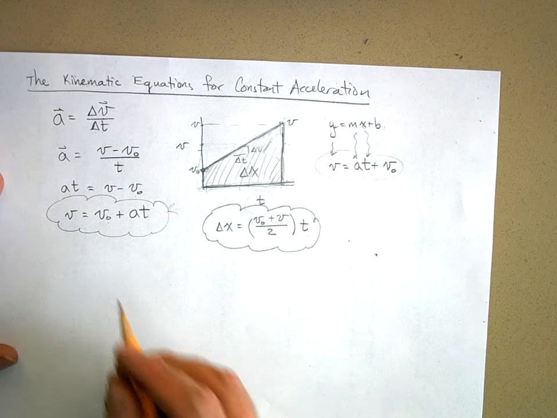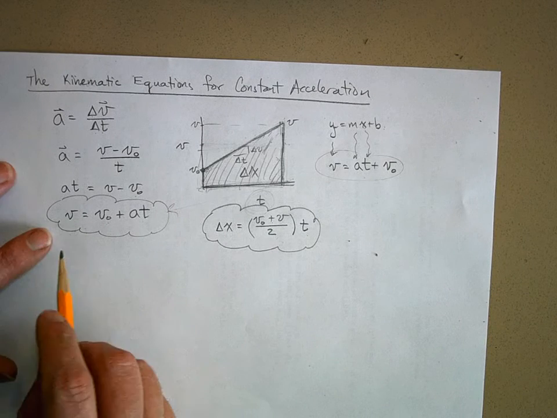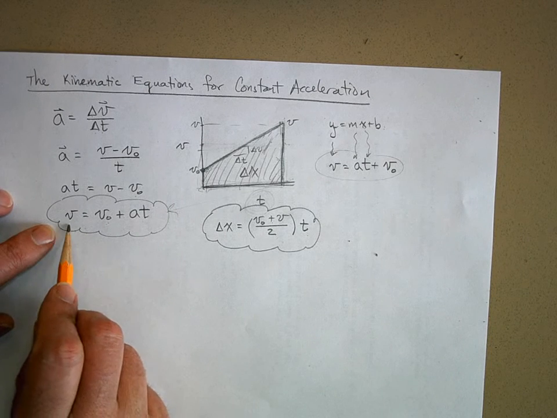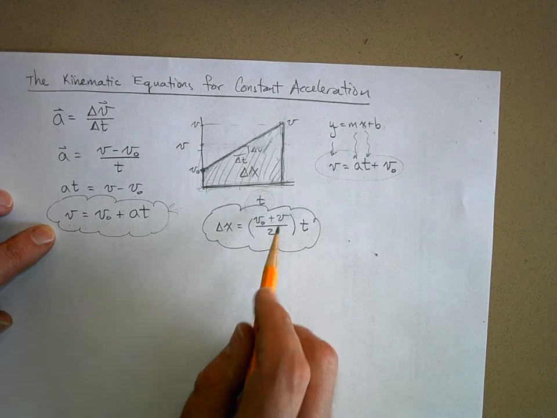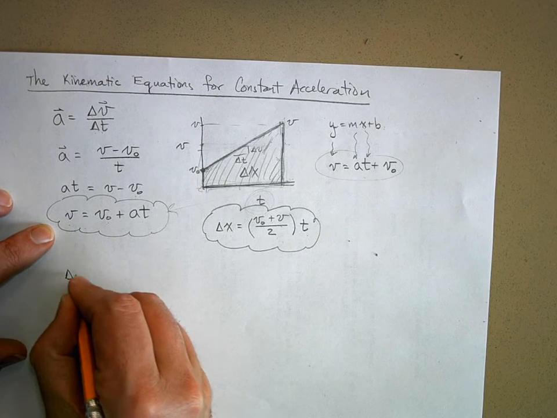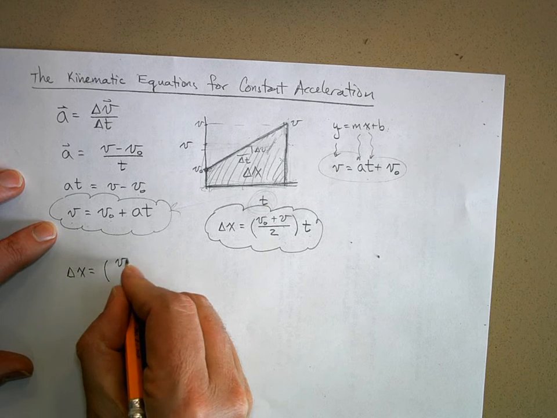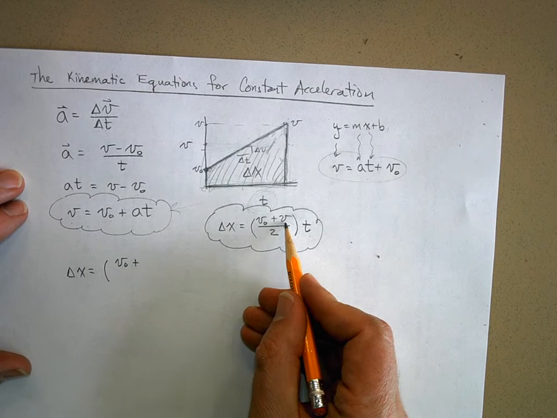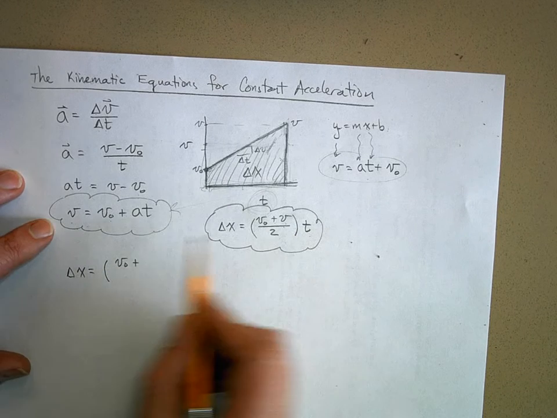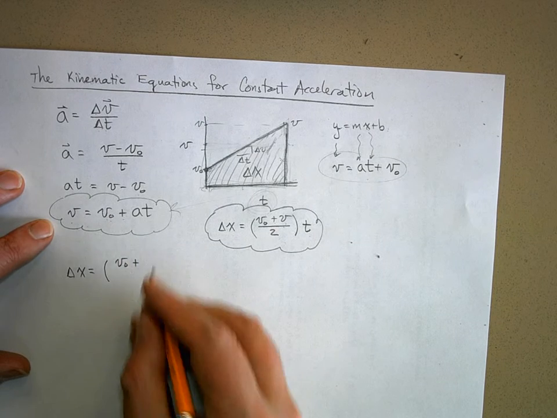Okay. What I'm going to do is I'm going to substitute for the final velocity in here. So I'm going to say delta x is equal to v naught plus v, right? Plus v. But what is v equal to? V naught plus at.